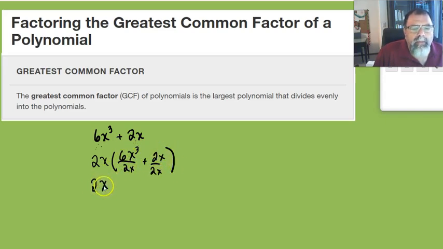It's going to divide evenly. So 6 divided by 2 is 3. X cubed divided by x is x squared. 2 divided by 2 is 1. X divided by x is 1. So you just get 1. And then 2x would have been the GCF for the original polynomial. And if I factor it out, this is the process. And typically we don't show that step in the middle.